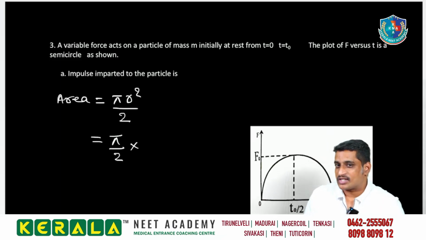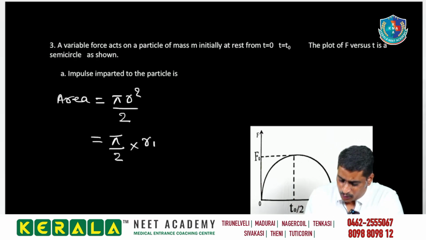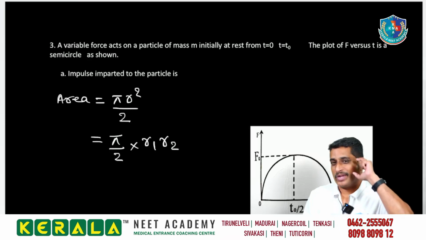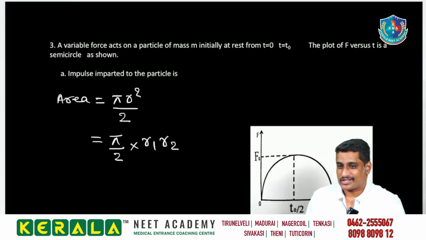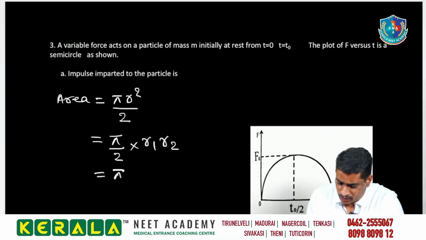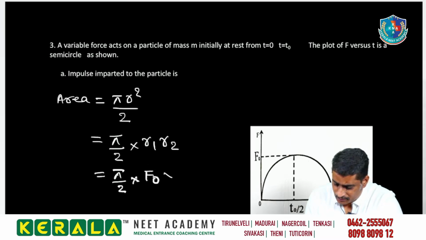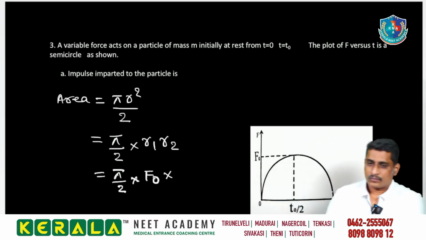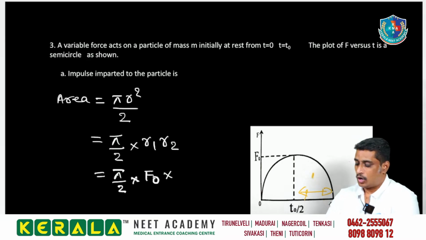Therefore, in place of r square, especially relating to this type of numericals, you must express it as the product of r1 and r2. r1 is the radius along y-axis and r2 is the radius along x-axis. Therefore, from this equation we can write pi by 2 into F naught into t2. If you look at this graph, the radius along that x-axis is nothing but t naught by 2.